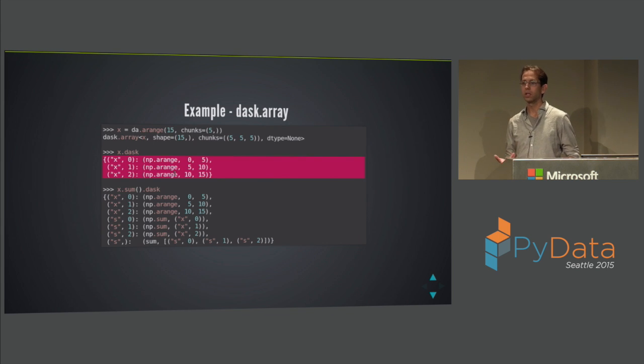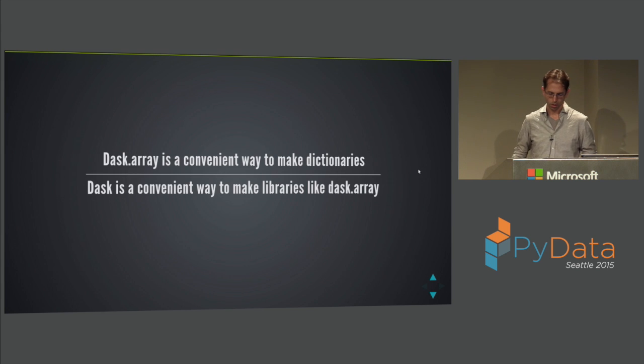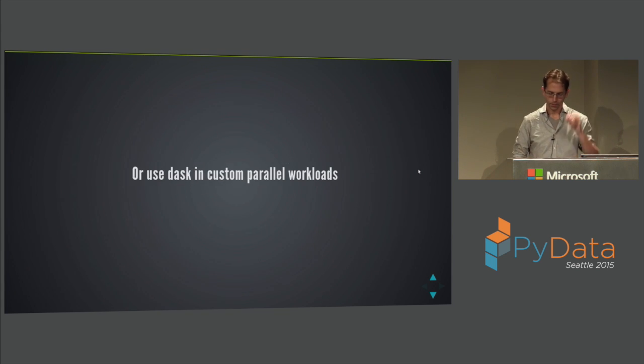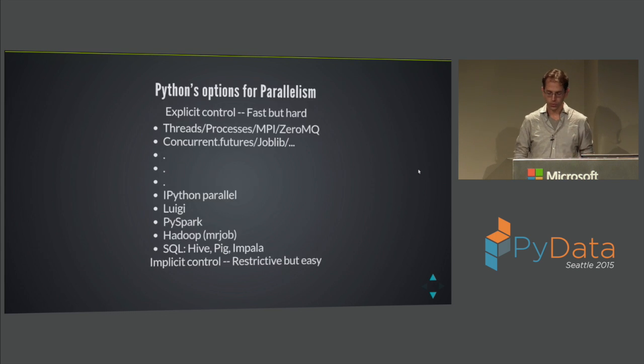So Dask Array is actually just a library with a bunch of functions that create and add key-value pairs to dictionaries. And the choice of those key-value pairs is intelligent in some way. Okay, so Dask Array was a nice way to make dictionaries, and Dask core is a nice way to make libraries like Dask Array. Or we can use it in custom workloads.